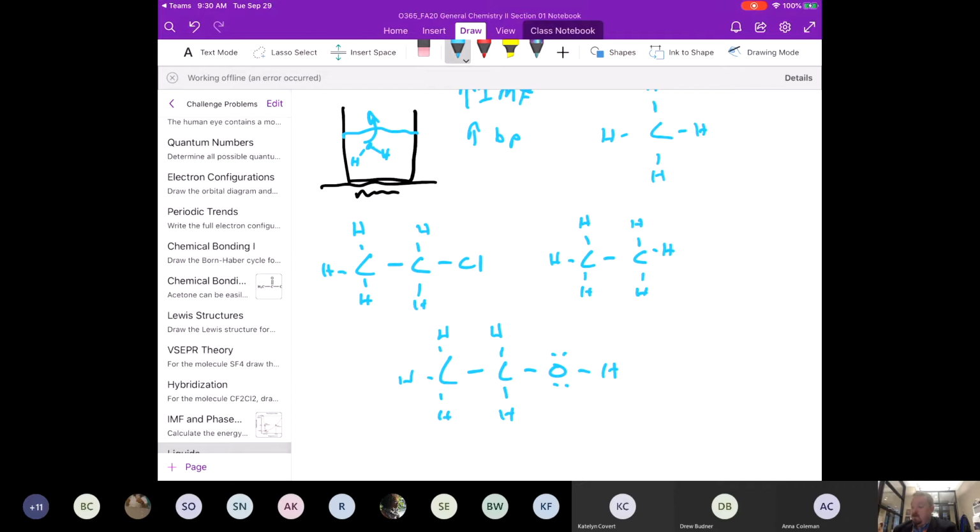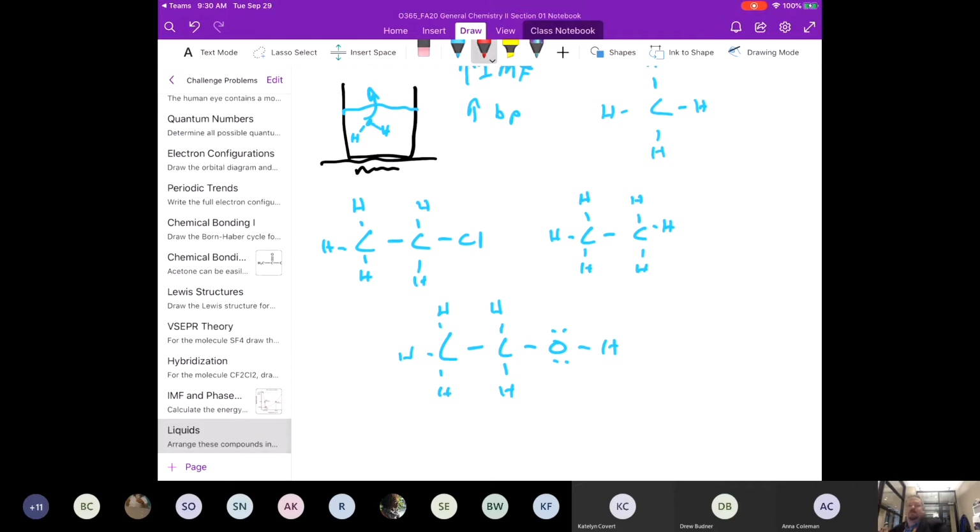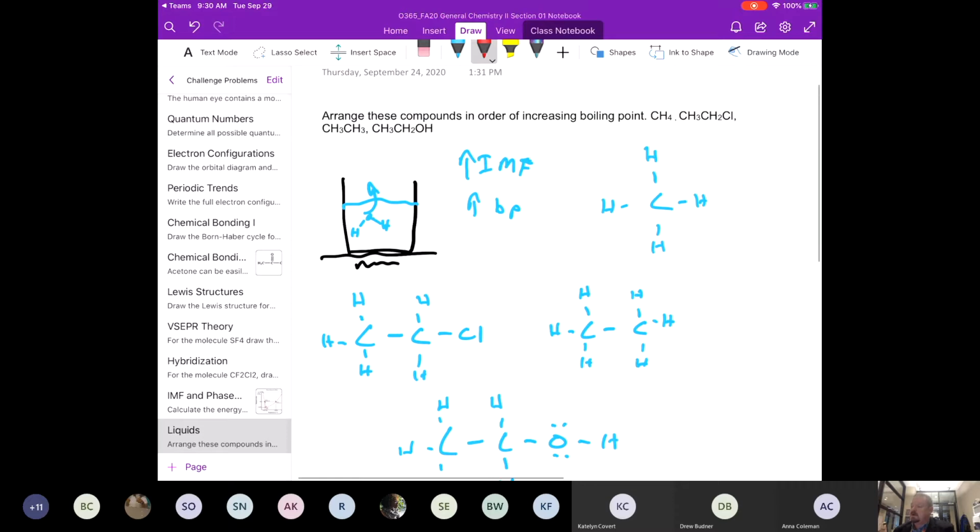Right? So then if we look at the types of intermolecular forces that are present in methane, the CH4, because this is symmetric, there is no difference in electronegativity, or very little difference in electronegativity, between the carbon and the hydrogen. This is going to be nonpolar, and it has a tetrahedral, just to review, shape.